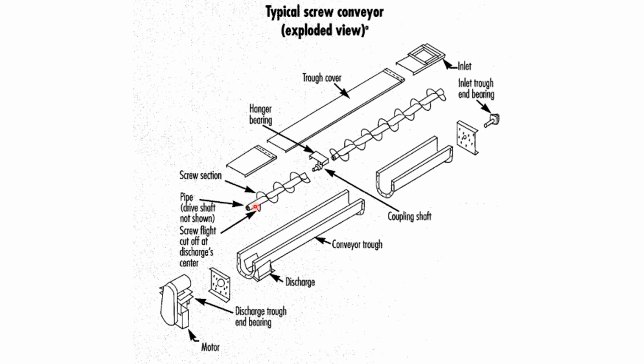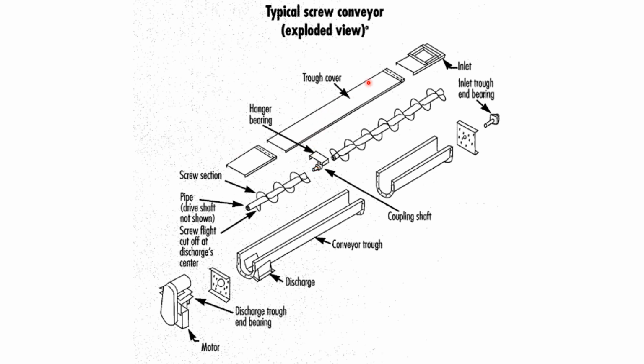In the center, this is a shaft, a pipe shaft. This is a screw; here we have cut the screw at the end, and here the screw starts and follows to the end. If the length of the screw is higher than a defined length, we normally give a hanger bearing. It is nothing but a joint between two screws with a bearing in between, so the movement is not stopped.